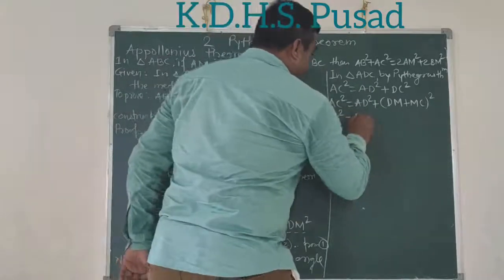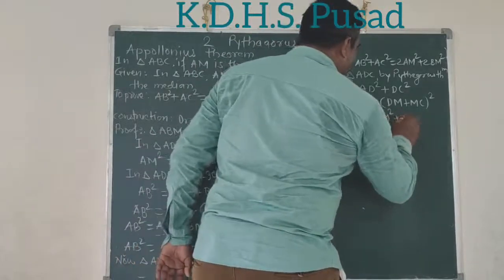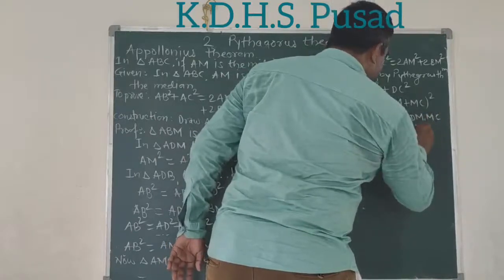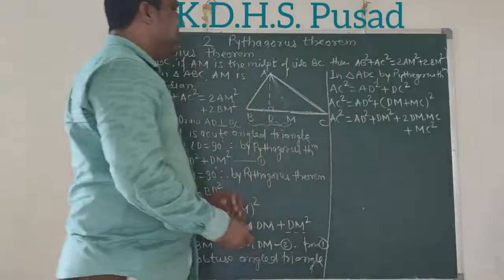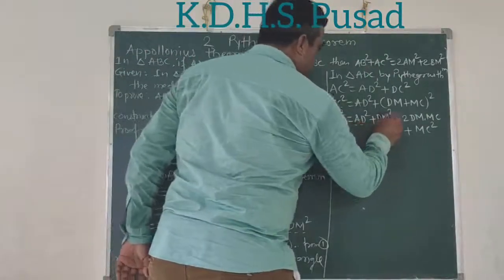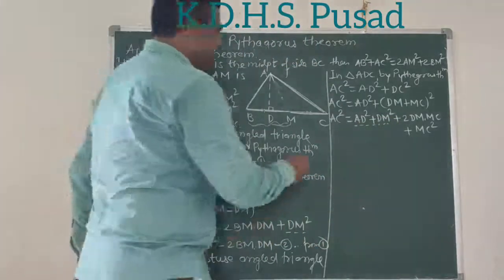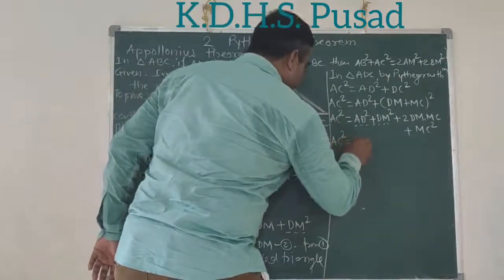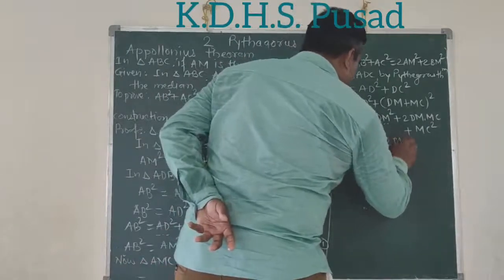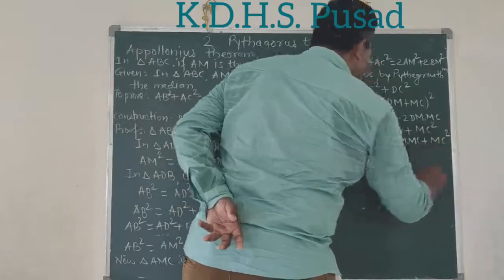So you get AD square plus BM square plus twice BM into MC plus MC square. Now check equation 1: AD square plus BM square equals AM square. So AC square is equal to AM square plus twice BM into MC plus MC square.